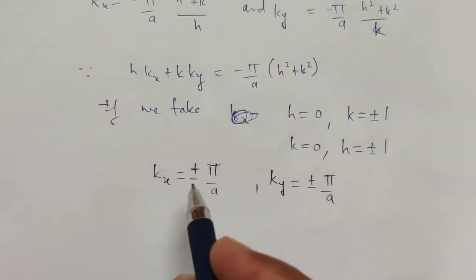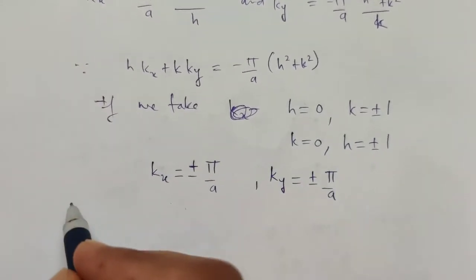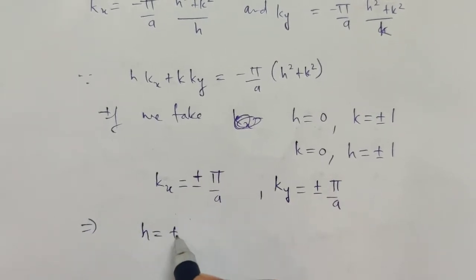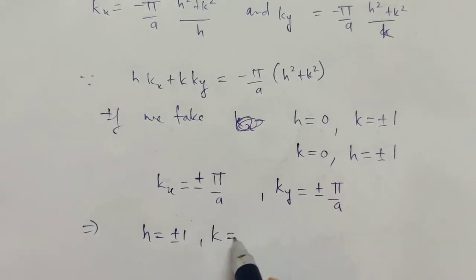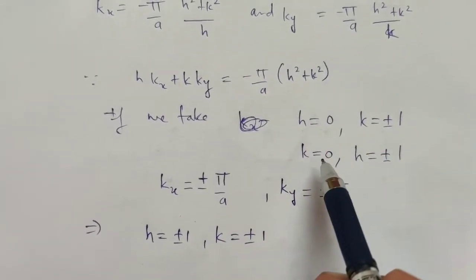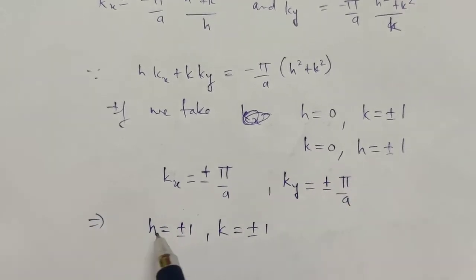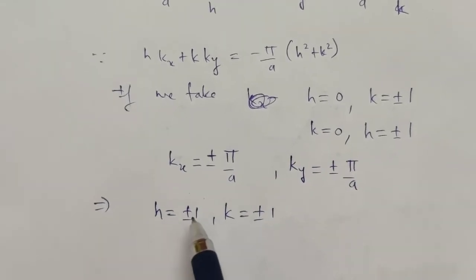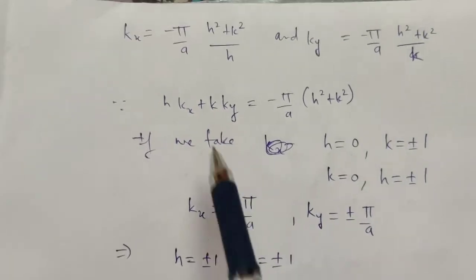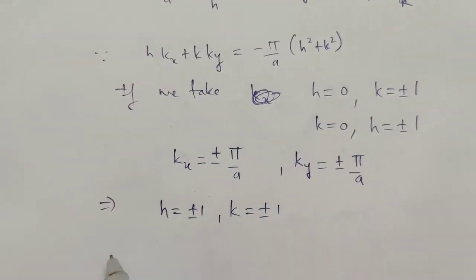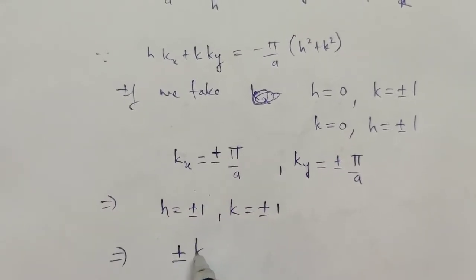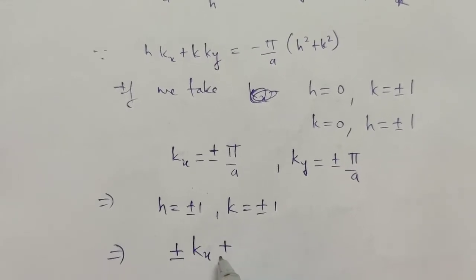Now apart from these conditions, there is another condition, which is h equal to plus minus 1 and k also equal to plus minus 1. So by putting these values into this equation, you can have plus minus kx plus minus ky.